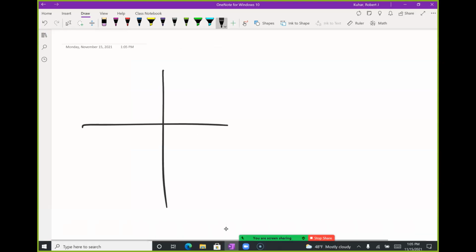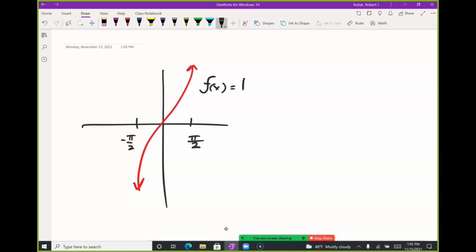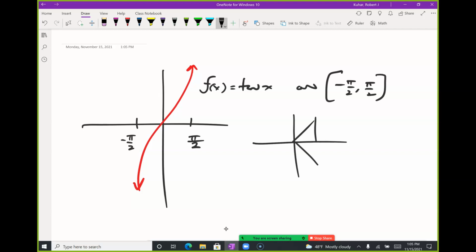If I look at tangent from minus pi over 2 to pi over 2, it's already 1-to-1 on that one piece. So this is f of x equals tan of x on minus pi over 2 to pi over 2, with, again, our quadrant 1 or 4 for our bow ties.